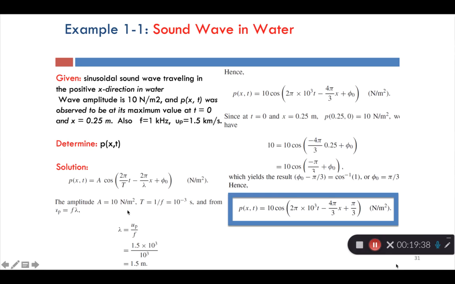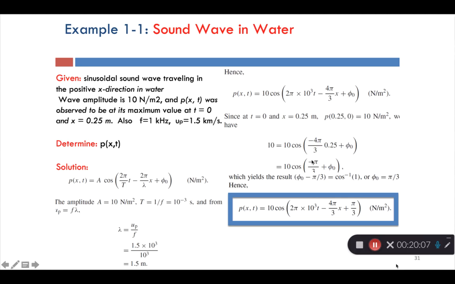You can see it by yourself. He uses these nice formulas. For lambda, he uses v_p by f. He gives us v_p, so it's easy to find. Frequency is given, so omega is easy to find. Then to find phi 0, he uses the fact that we know the actual value of p at one point, which is 10, and that point is t equals 0, x equals 0.25.